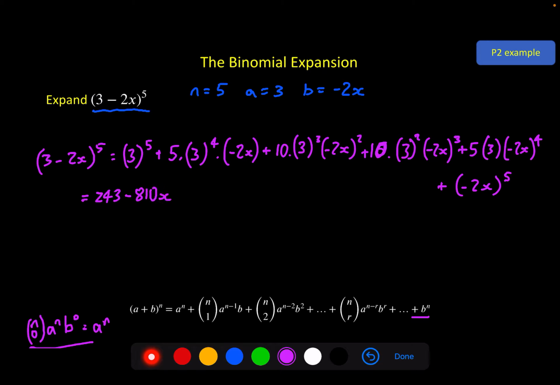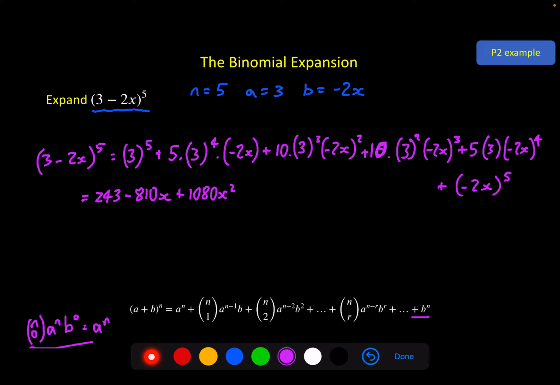There's an x in that term. Plus 10 times 3 cubed times minus 2 squared, which is 4, is 1080. That is the x squared term.